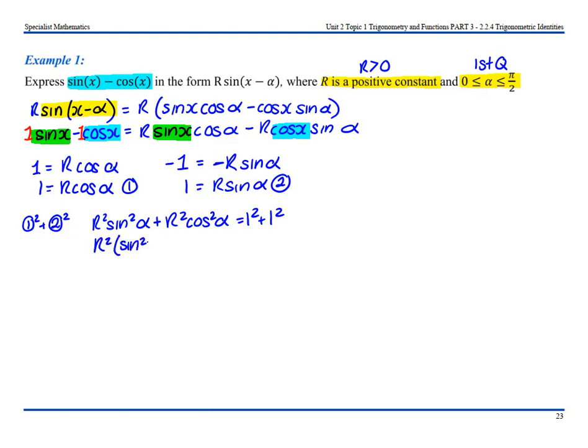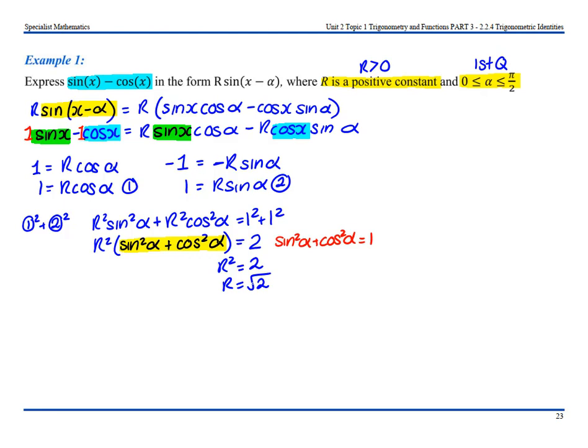I get sine squared alpha plus cos squared alpha equals, on my right-hand side, 1 plus 1 is 2. We know that sine squared alpha plus cos squared alpha equals 1. So I now have that r squared equals 2. So r is the square root of 2.